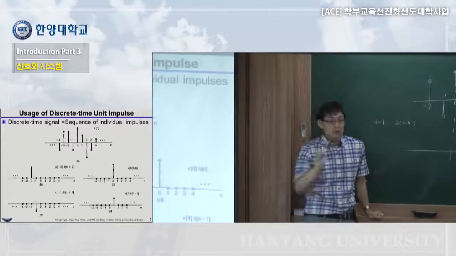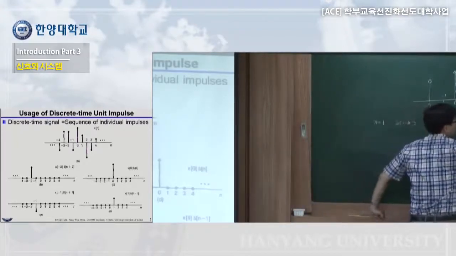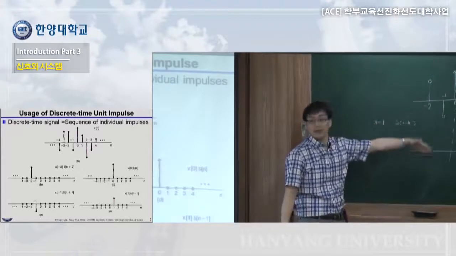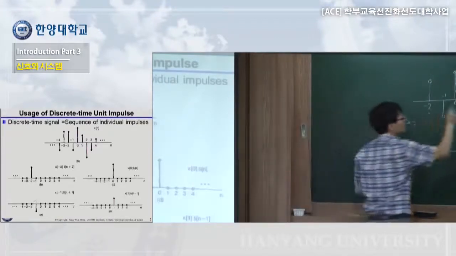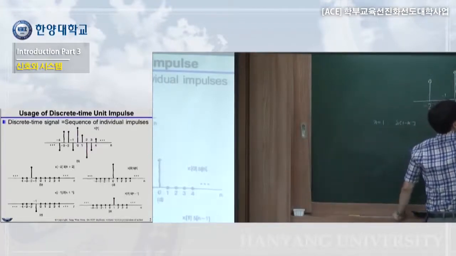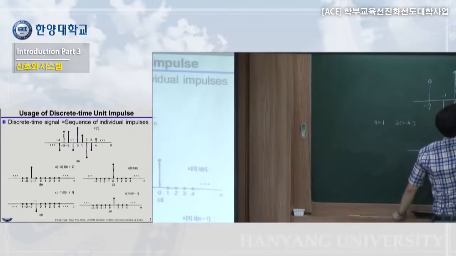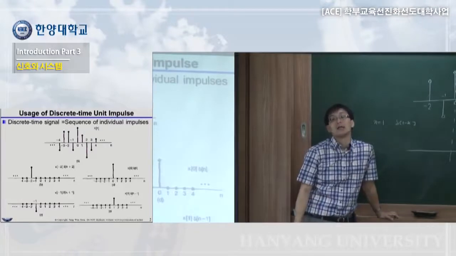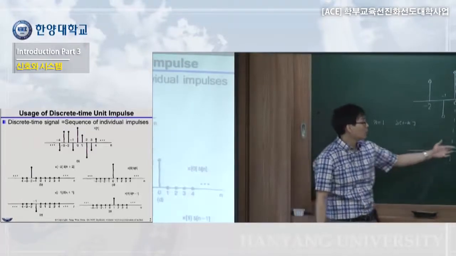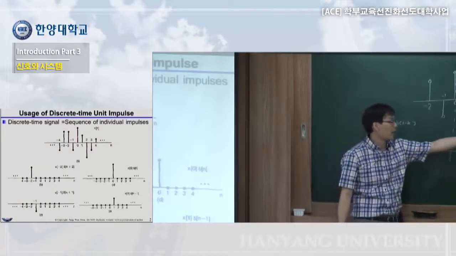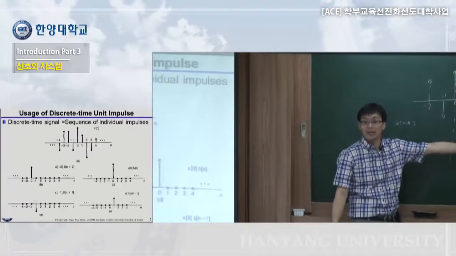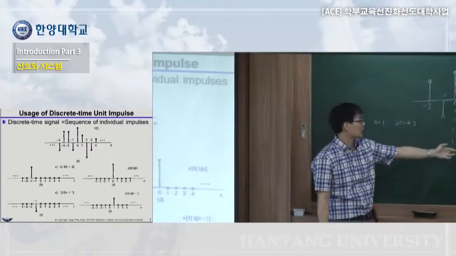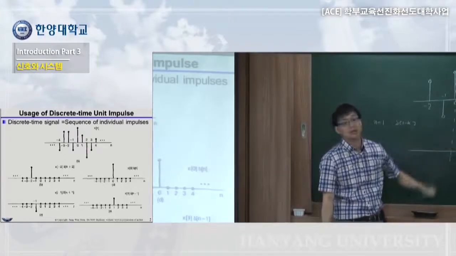Okay? So remember, these two are on the same scale in k. This is the function x n initially, but we are using k now, so it can be called x k. And now we introduce delta n minus k, for an arbitrary n. Assume the current value of n is 1, so it is delta 1 minus k, which is like this.